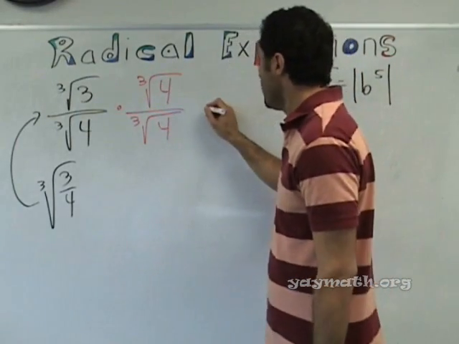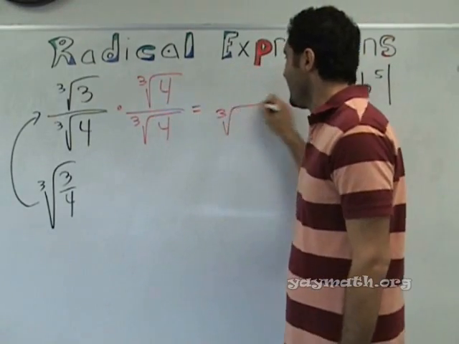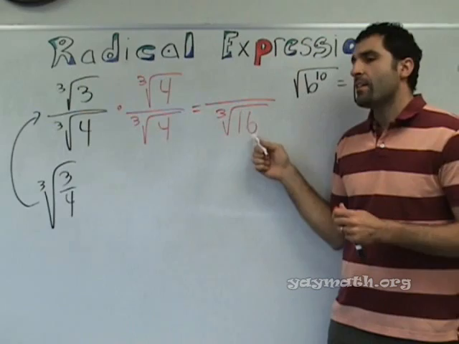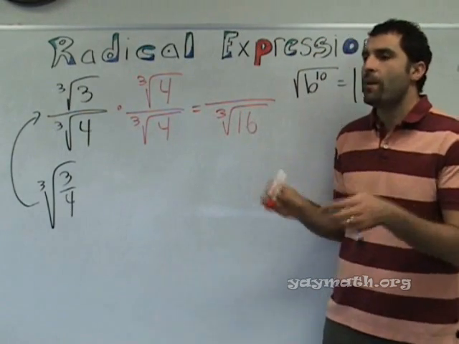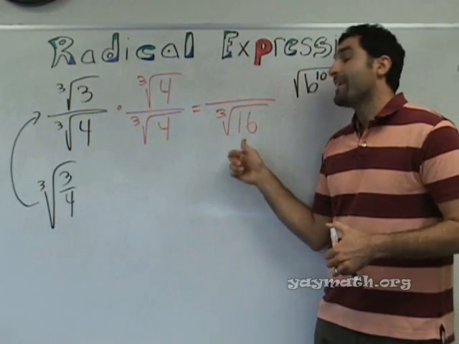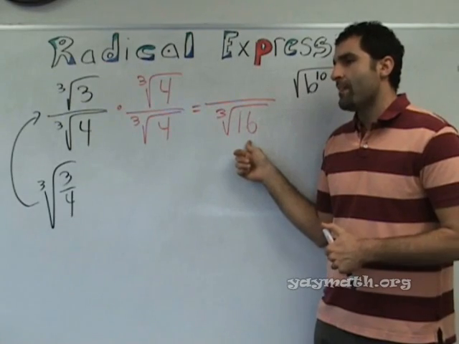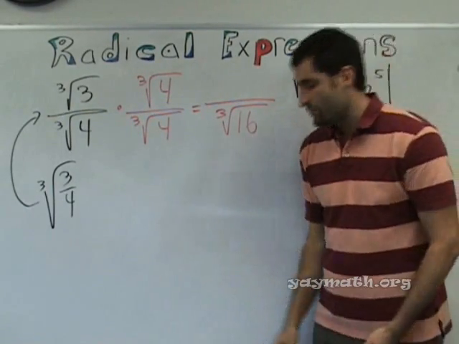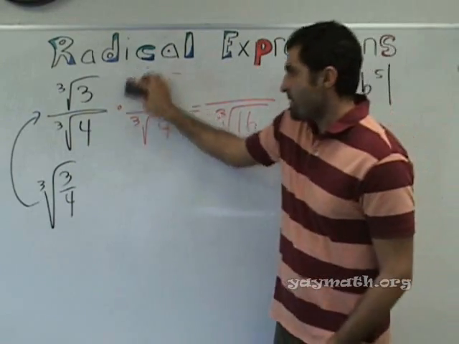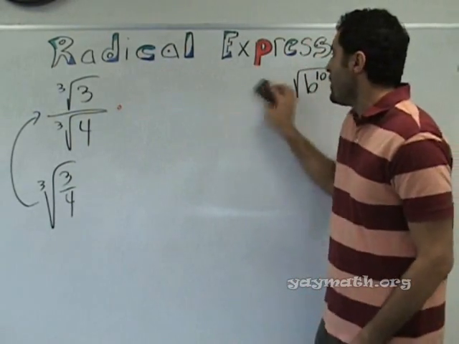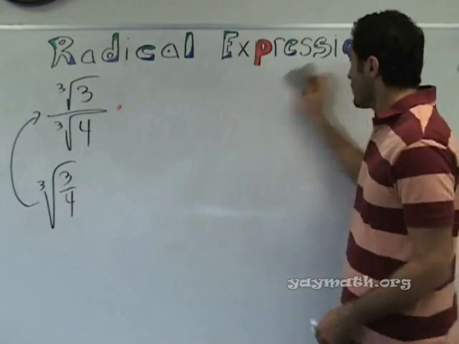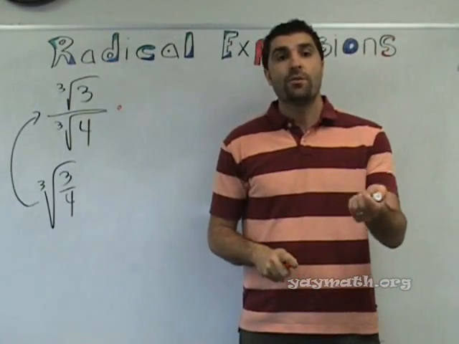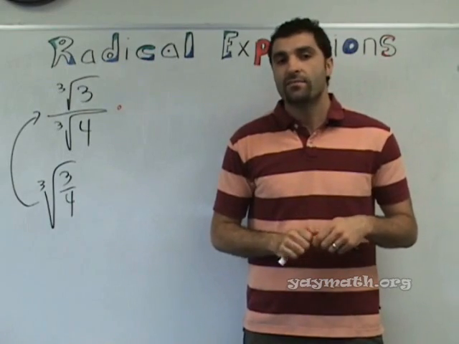If the bottom would be the cube root of 16, can this be simplified? Or is it a perfect cube, I should say? No, it's not. It can be simplified, though, but it won't simplify perfectly. So do you multiply by the cube root of 2? Yes, multiply by the cube root of 2. The cube root of 16 can simplify.